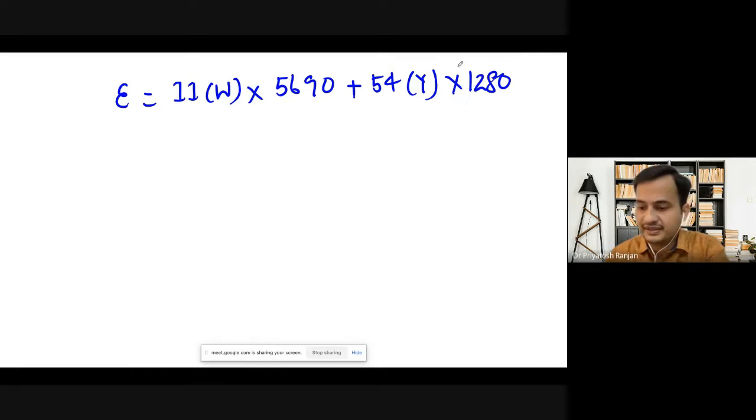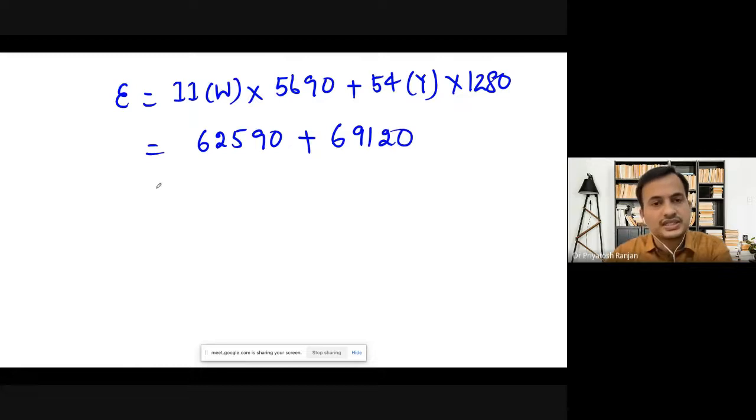We have 11 into 5690, which is equal to 62590, plus 54 multiplied by 1280, and we'll get 69120.